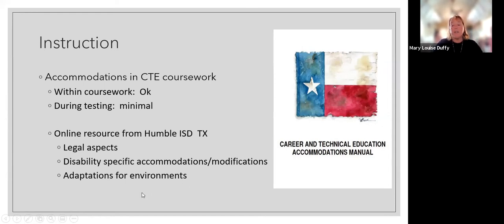And the best part, the part that I thought was most useful, is the accommodations for environments. I hadn't thought about some of the environmental accommodations that might be useful. So if you're in a program where you're doing CTE coursework, this is a resource that you can go to that has some justification. Yeah, it's Texas, it's not Florida, but that doesn't matter. CTE coursework is universal for the most part.